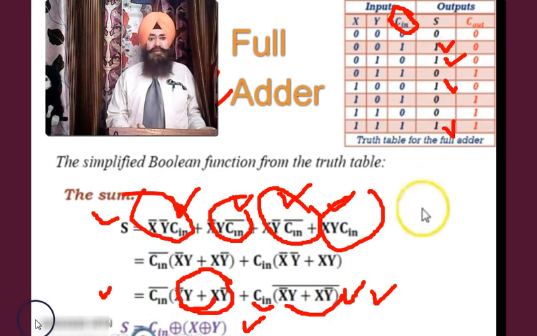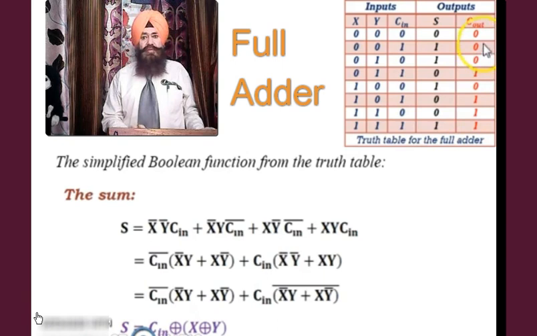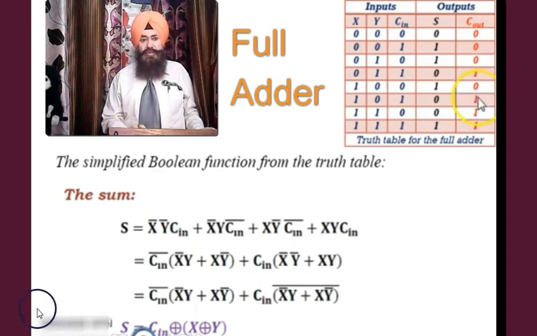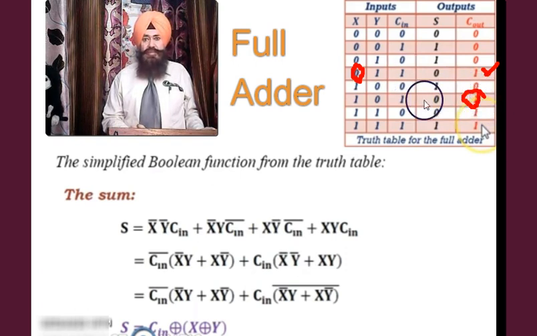Now we come to the carry. You know what the carry is here. What is this? X complement, Y, and C in. Then 1 is here.